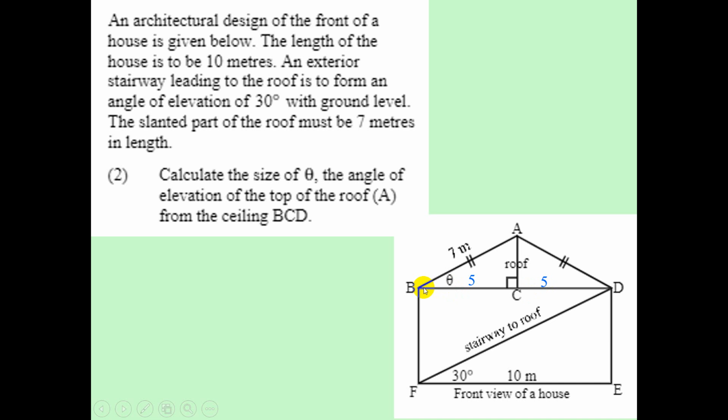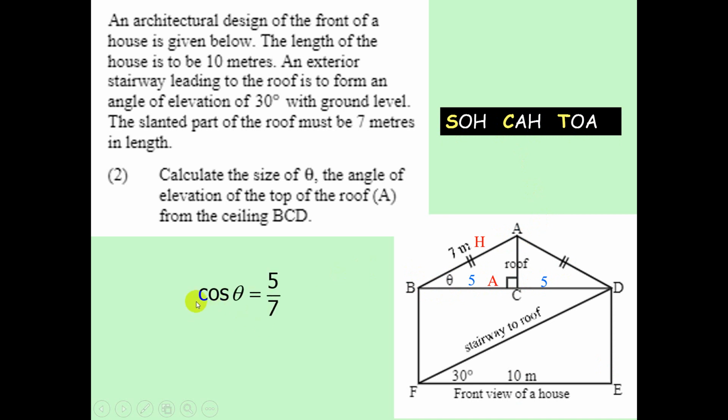So if we're looking at triangle BCA, we're trying to find theta. So from theta, 5 is your adjacent side. We're also given 7, which is your hypotenuse. So we need to find out which ratio has an A and an H. Coming to SOHCAHTOA, we have cos, which is equal to adjacent over hypotenuse. So cos of theta in the triangle ABC, adjacent is 5, hypotenuse is 7.